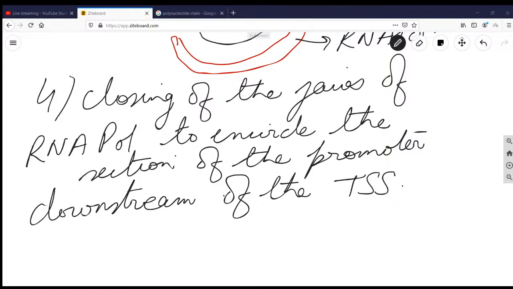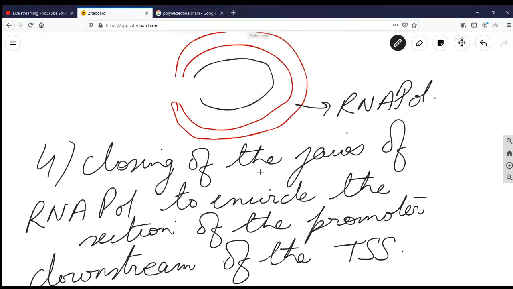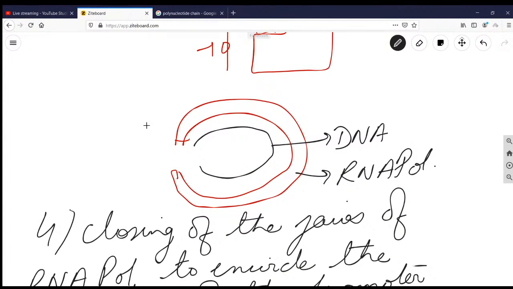When they are scrunched, what will happen? More sequences can be bound. If they were like this, it would have bound from here to here. Now it is scrunched, so completely here to here it is bound. So more base pairs are covered.